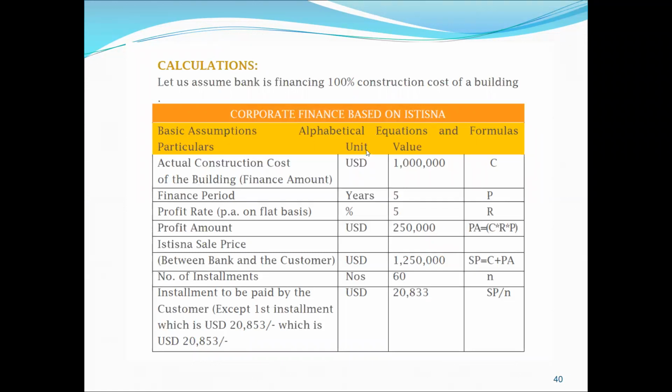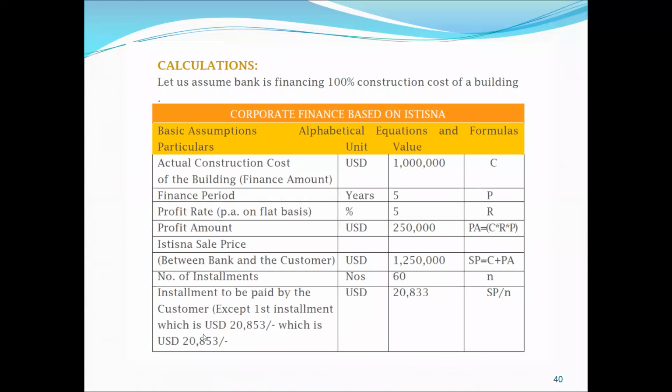Why is the first installment higher? Which first installment? Like the installment to be paid by the customer, except the first installment, which is on the left. So it's higher by $20. Why is it higher?